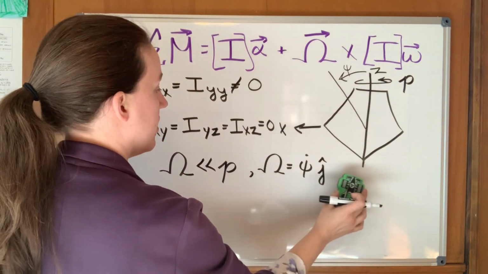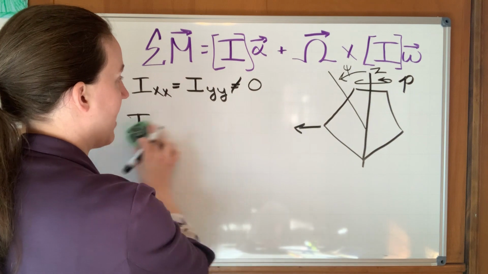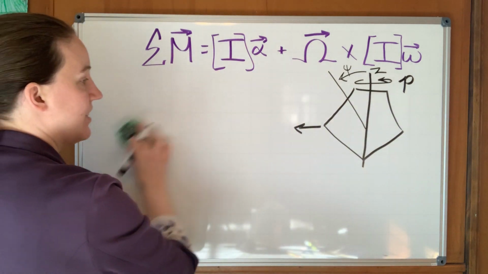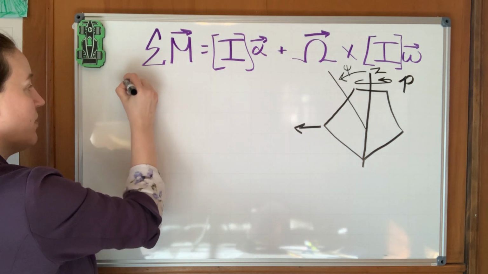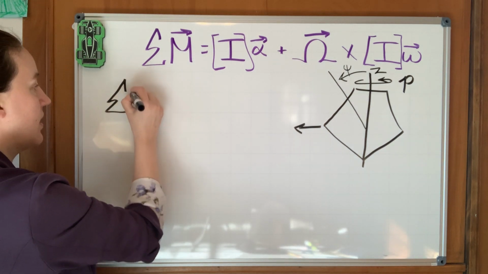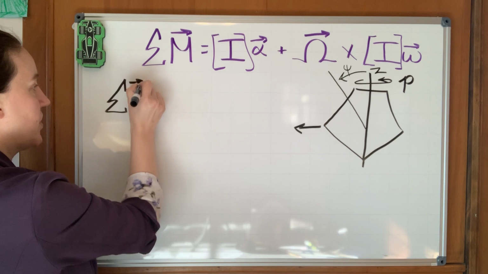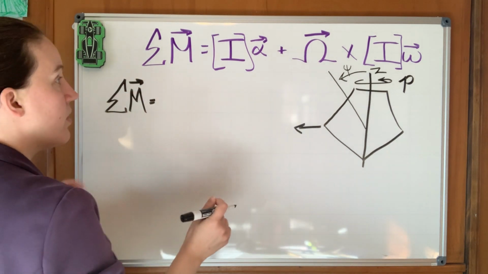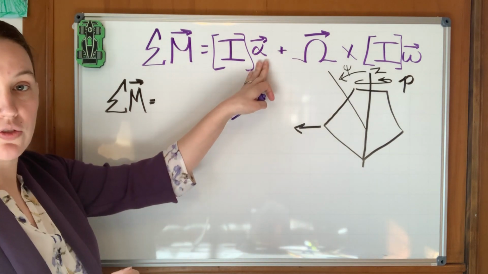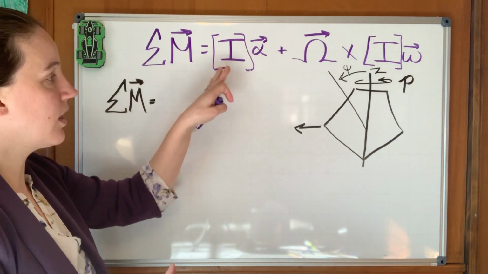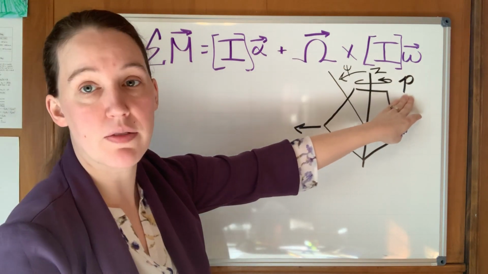All right, so I'm going to erase all of that. My board is kind of small. So here we're going to have our sum of the moments in all the directions. Oh, and one other final assumption is that there's no rate of change in our big spin vector p.